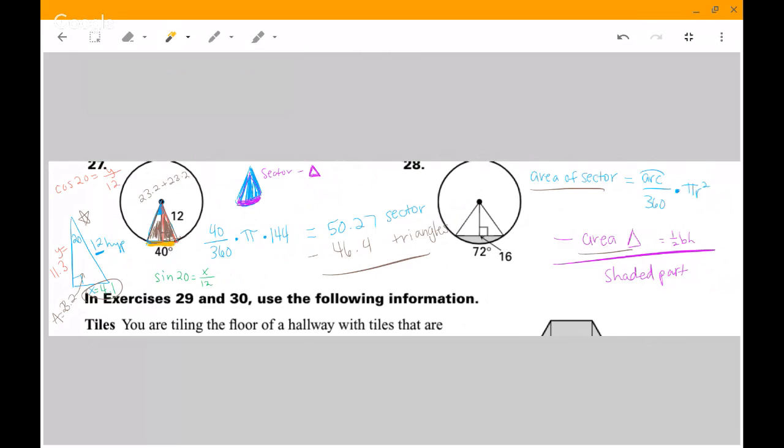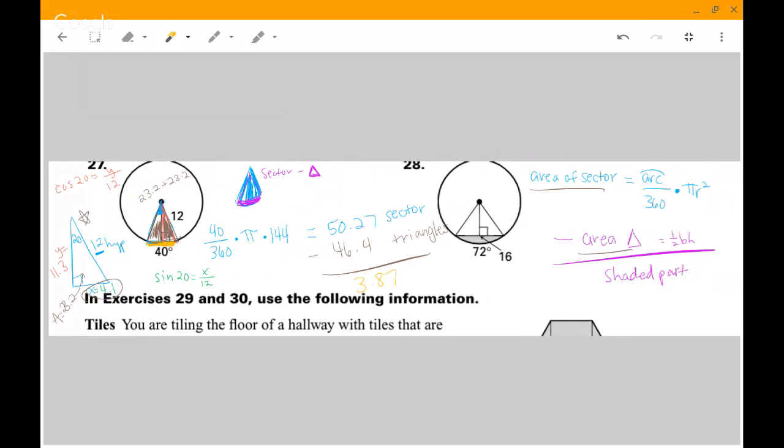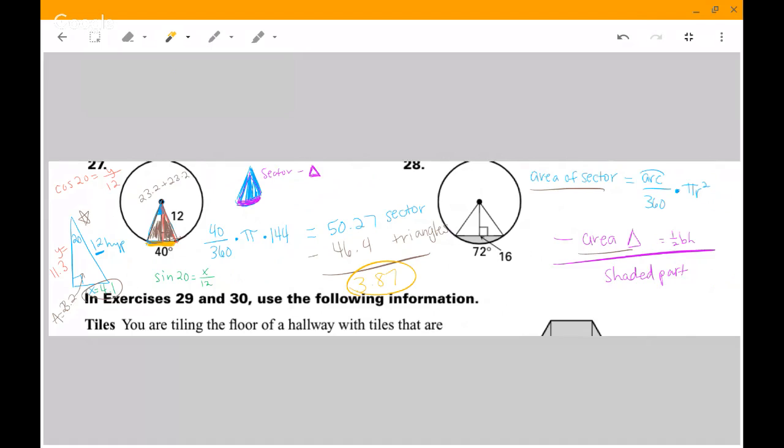This is what we're trying to find. 3.87. Yes. The process makes sense. Yes, it just takes a while. You got to figure out what you're looking for first and which formulas will get you there.